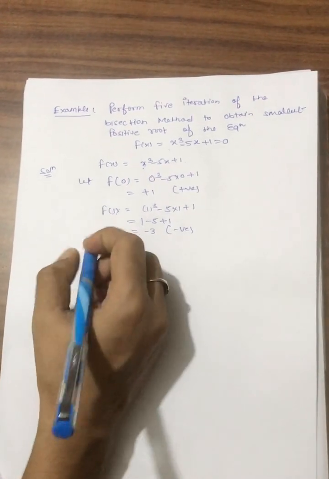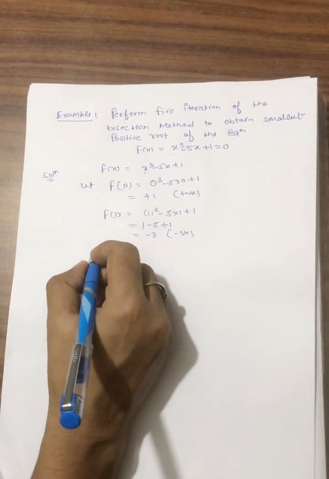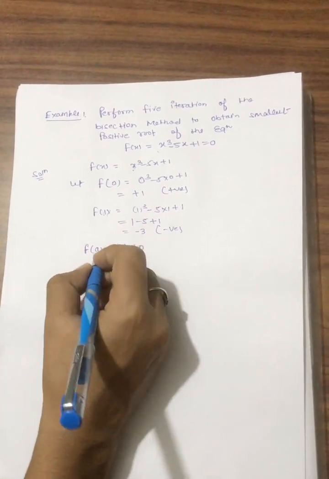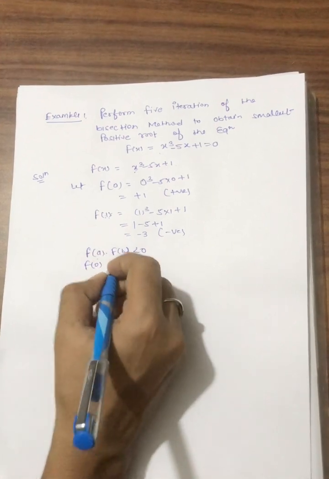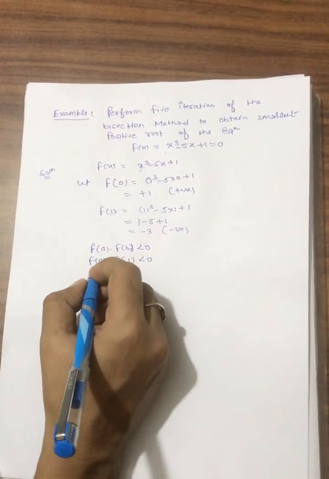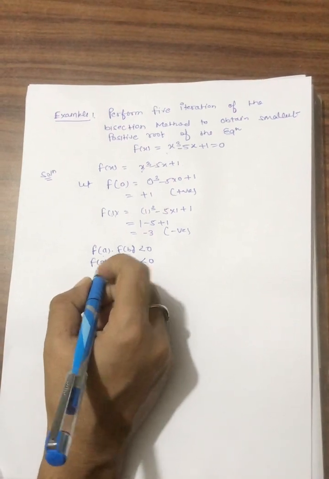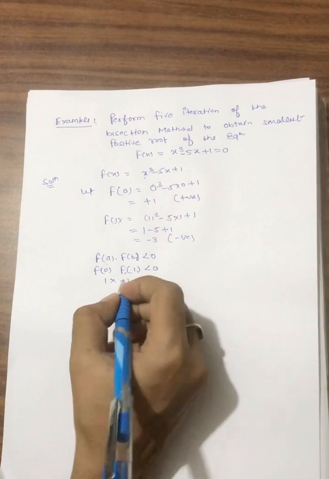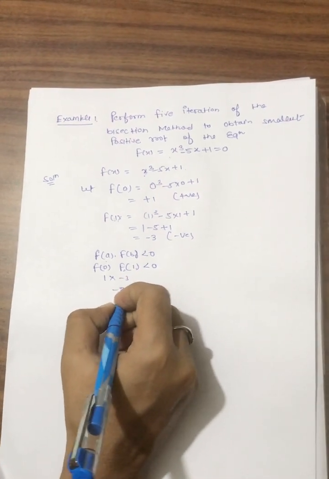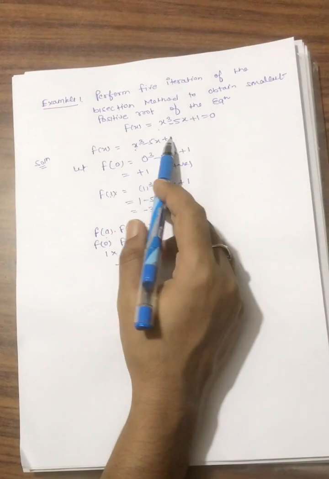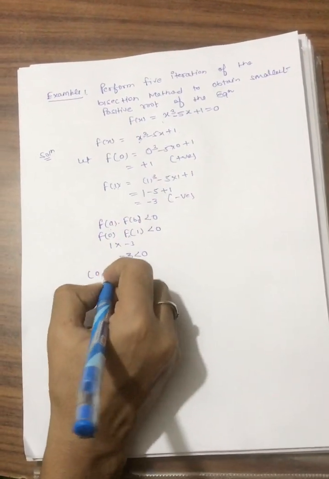So our condition is f(a) into f(b) less than 0. Here f(a) is f(0), which is 1, and f(b) is f(1), which is minus 3, and the product is less than 0. So it means the root of this equation lies between 0 and 1.